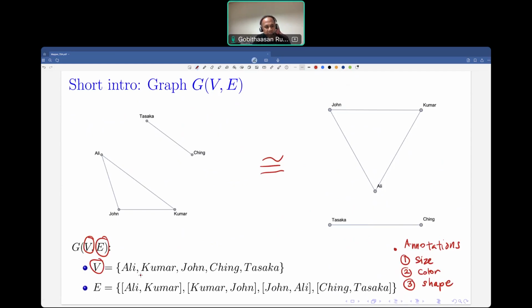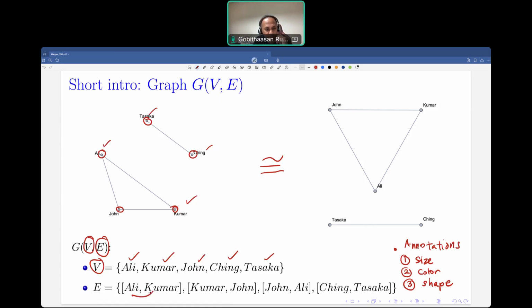Here, vertices means all these points, which can also be called nodes. We have Ali, Kumar, John, Ching and Tasaka.